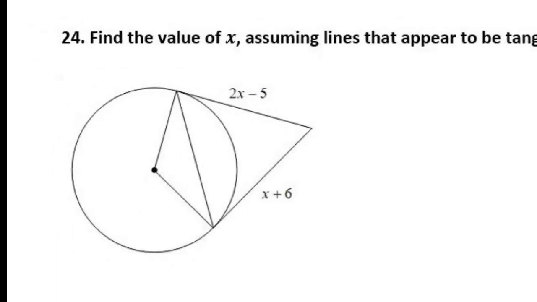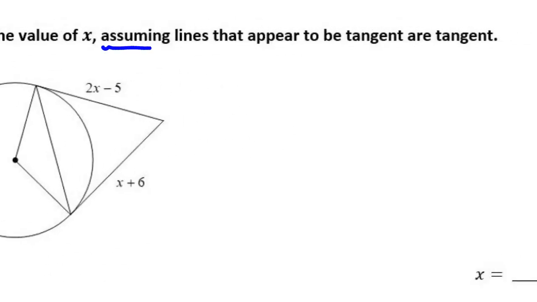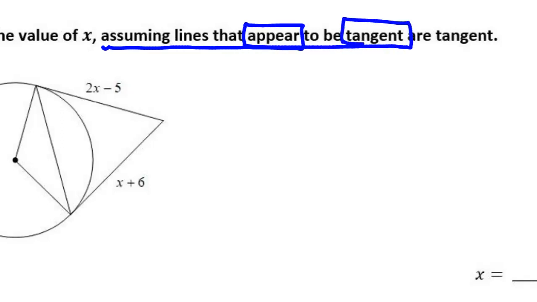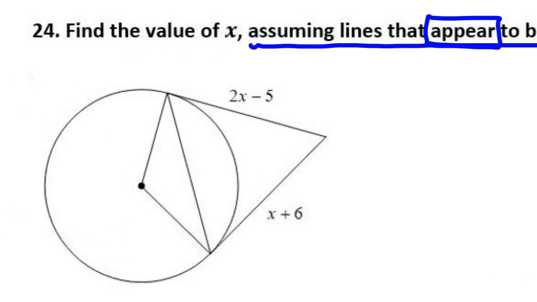So on number 24, it says, assuming lines that appear to be tangent are tangent. How many places does a tangent line hit a circle? We did this on number 19. How many places does a tangent line hit a circle? 1.